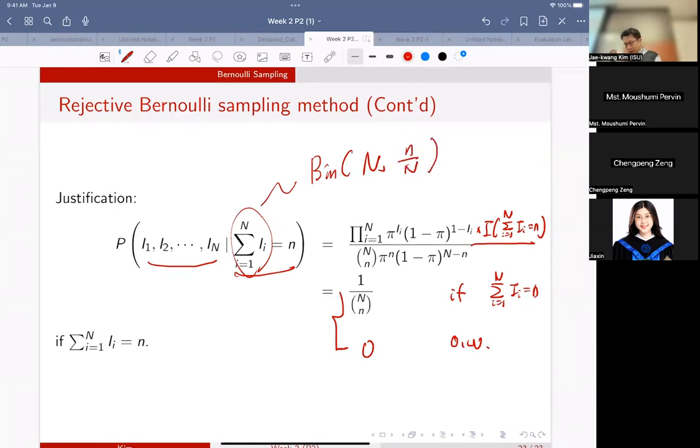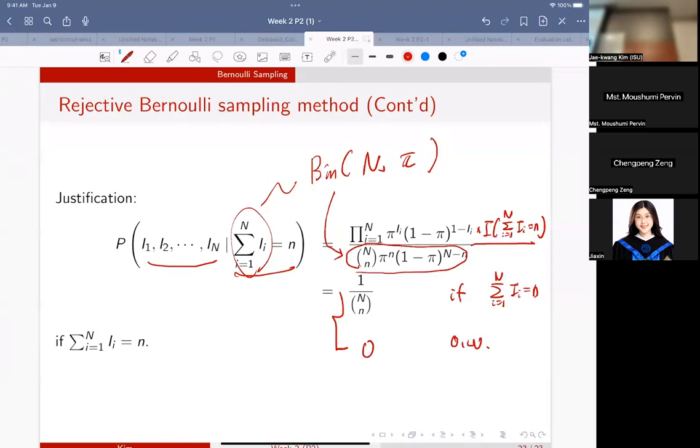You have a capital N independent sum, and each one has a probability of success equal to pi. So this is the binomial density, and that's the denominator.